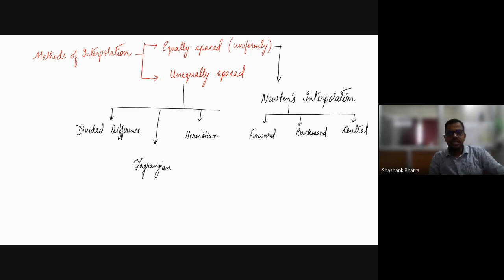So these three are the ones where you have unequally spaced data points. Then you can interpolate by means of divided differences, the Lagrangian approach or the Hermitian approach.